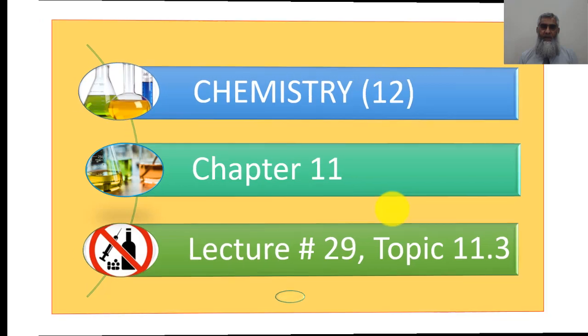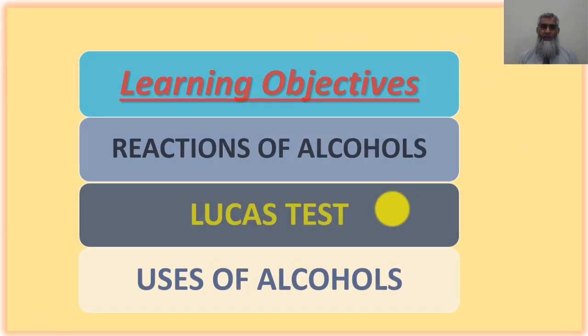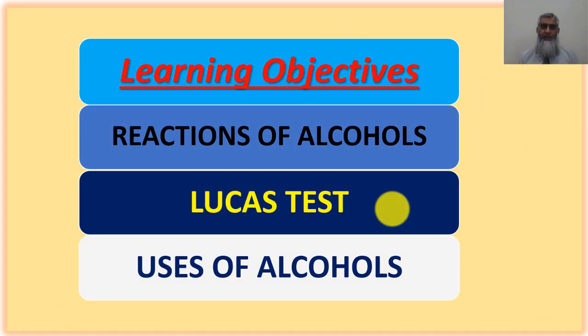After the lesson, you will be able to explain different reactions of alcohols, identification of different types of alcohols by Lucas test, and some uses of alcohols, especially methanol and ethanol.